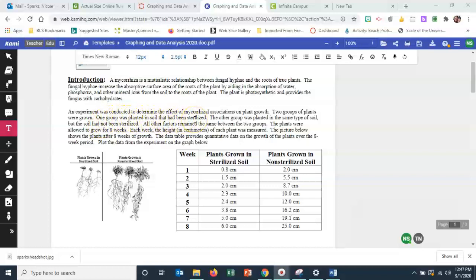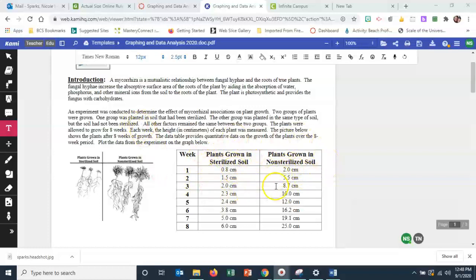Sterilized is a technical term meaning that it was clean, so things were taken out of it, bacteria and all the other enzymes that go with it. The other group was planted in the same type of soil, but the soil had not been sterilized. They probably took an infrared light and tried to kill off all the bacteria. So one plant in sterilized soil, one in non-sterilized soil.